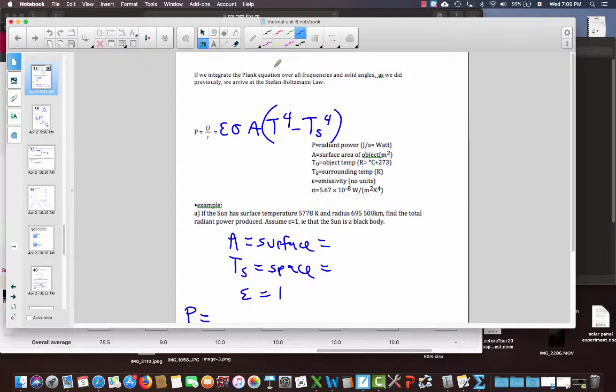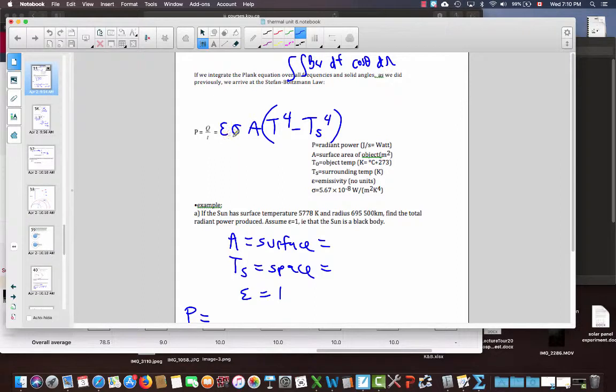So in our last class we derived the Planck distribution, and we also reminded ourselves that if we integrate that Planck function, this is the frequency version, over all frequencies and over all the angles in the hemisphere, so there's a cos theta that goes with the B function, then we end up with the Stefan-Boltzmann law.